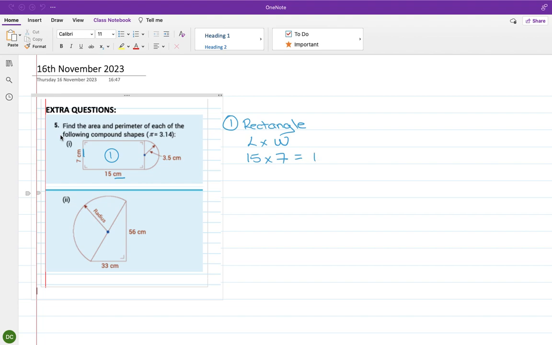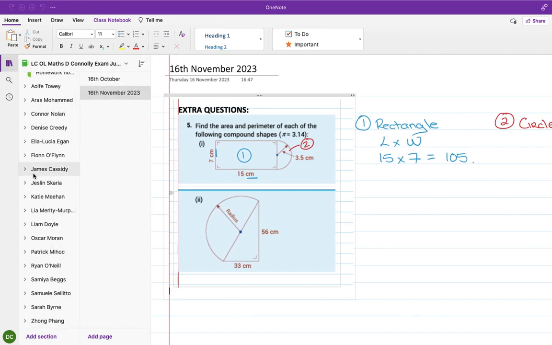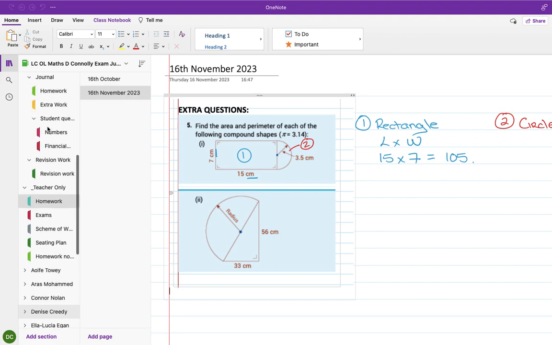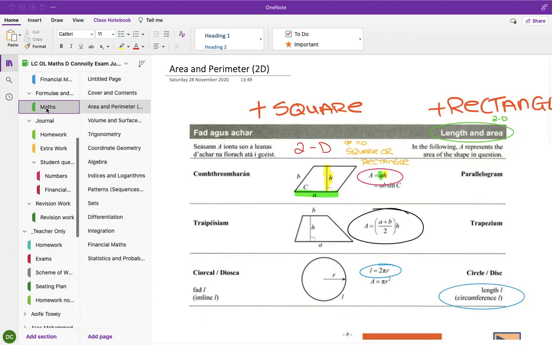All right. The little shape here, which we'll call 2, so it's a semicircle, but there's no semicircle in the formula and tables book, so it's a circle. So I'm working on areas here, so I will go in the formula and tables book.